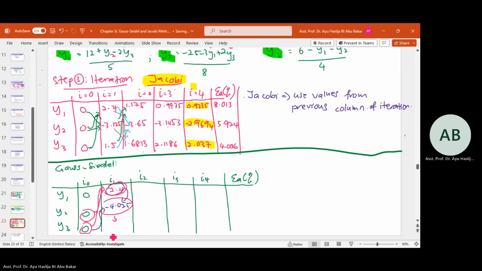What do you get? 1.9603. Okay, Jacobi used the previous column. Gauss-Seidel used the latest value.